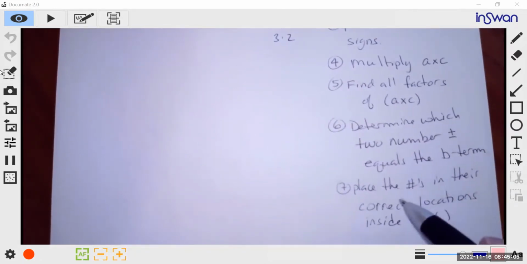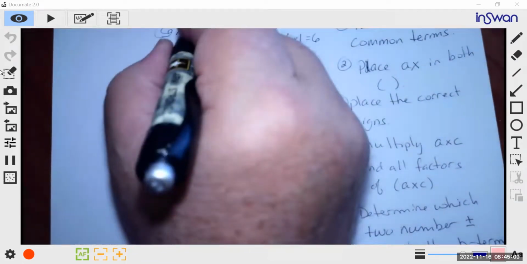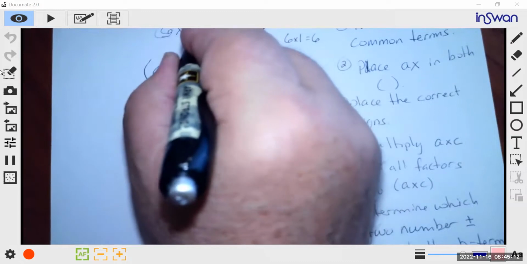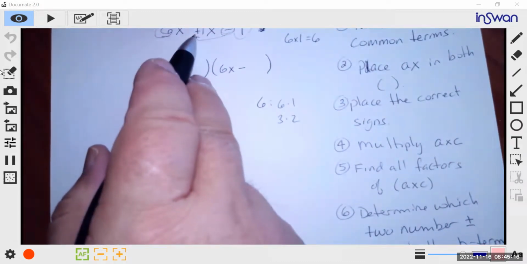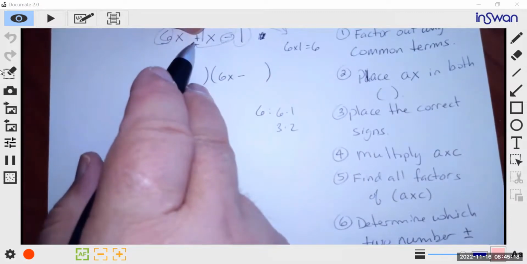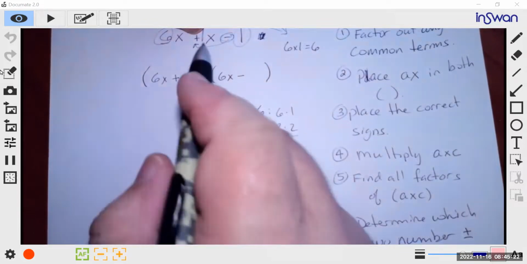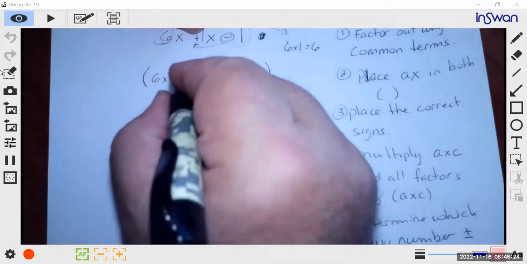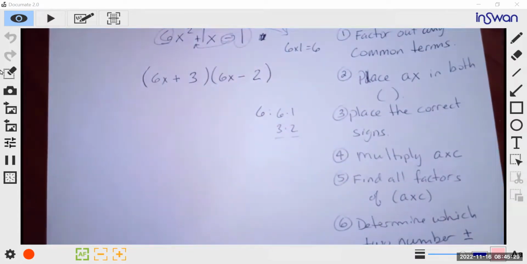When I say place the numbers in their correct locations inside the parentheses, since they're opposite signs, the first sign is a plus. Why is that important? So I know my numbers are 3 and 2 because the bigger number gets the plus. So the 3 goes there, the 2 goes there. It's the same thing we've been doing.